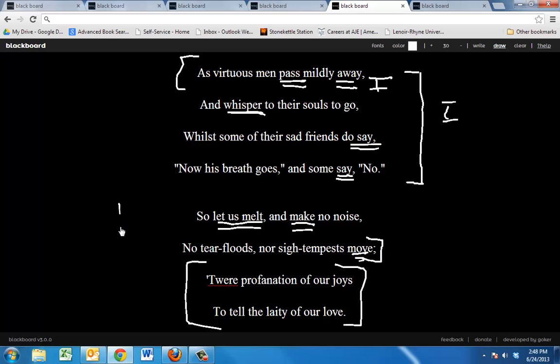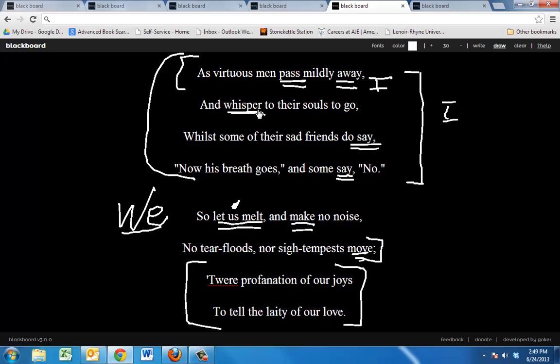It's an understood subject, we, indicated to us here by the word us. That gives us a clue. Let us melt, make no noise, nor tear floods, nor sigh tempests move. Three verbs attached to this one subject, and all of this is an introduction to it.